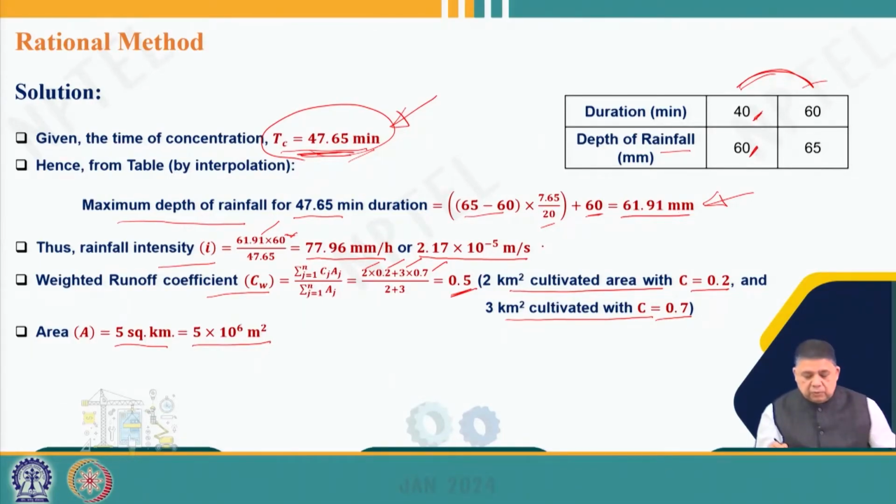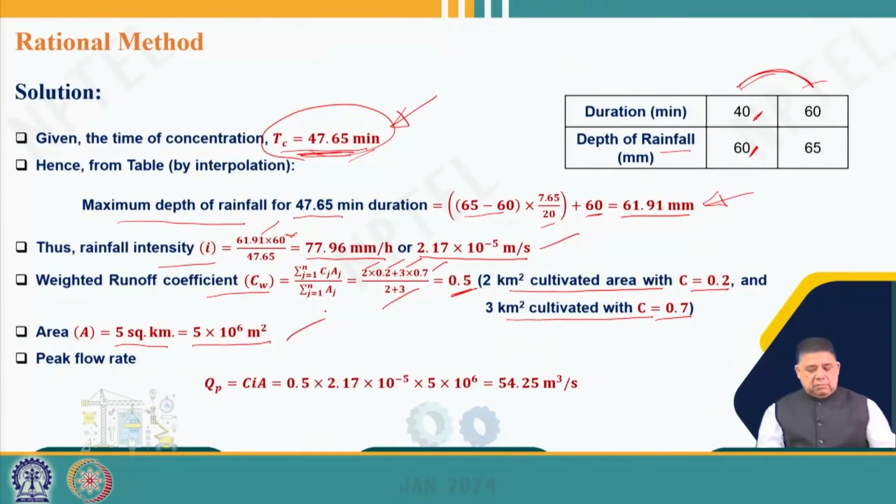So, now we know C, we know I, we know A. So, we can put in the rational formula QP equals to CIA: 0.5 times 2.17 times 10 to the power minus 5, which is here, times 5 into 10 to the power 6, that is the area here, and then the QP value comes out to be 54.25 cubic meter per second.